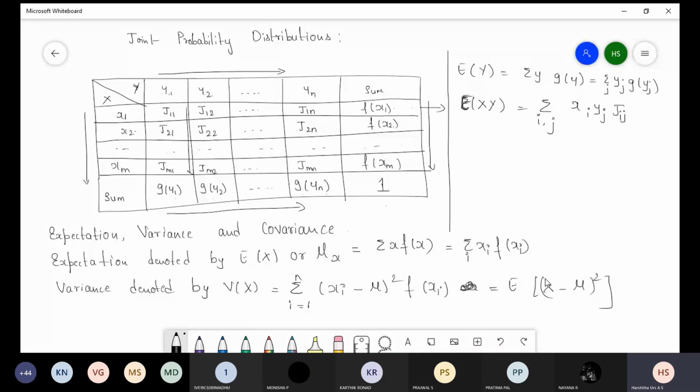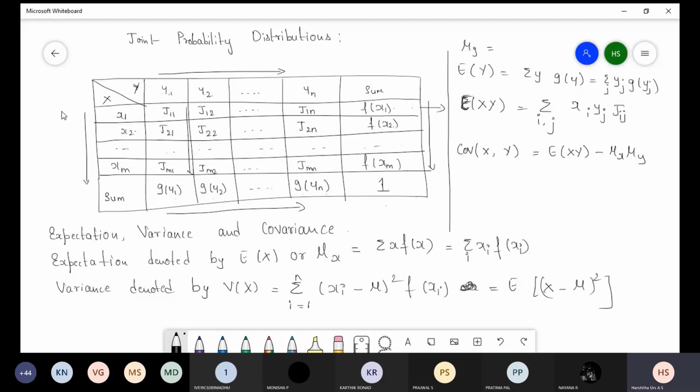Next, covariance. Covariance we just write as COV of x comma y, that is equal to E of xy minus mu x into mu y. This E of y we can also write as mu y.